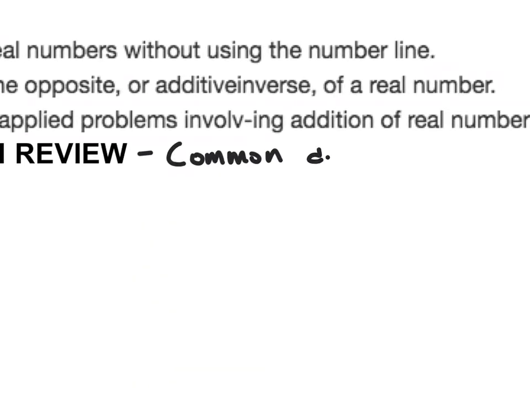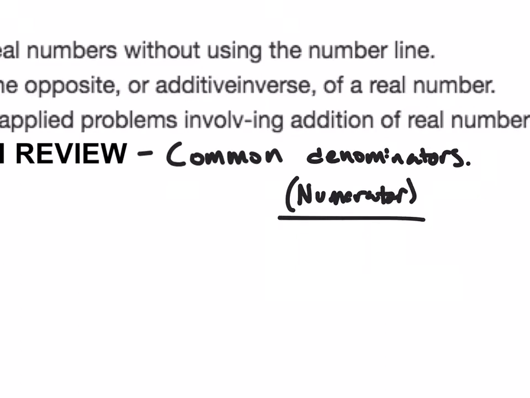In a fraction, on top you have the numerator, and on the bottom you have what's called the denominator. So we're looking at the bottom numbers when we're dealing with common denominators.